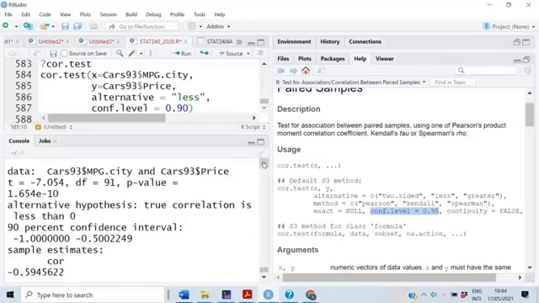One, you can use the p-value, yes. You can use the test statistic, and what again? And the confidence interval. Yeah.